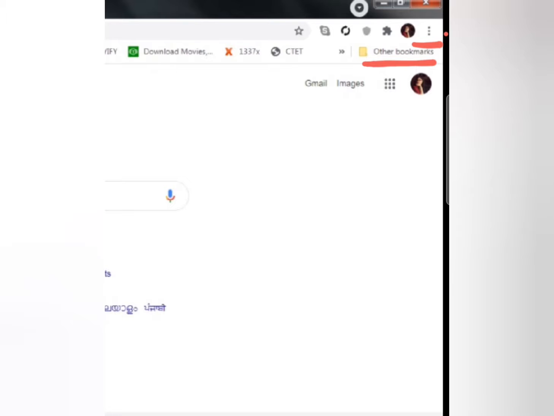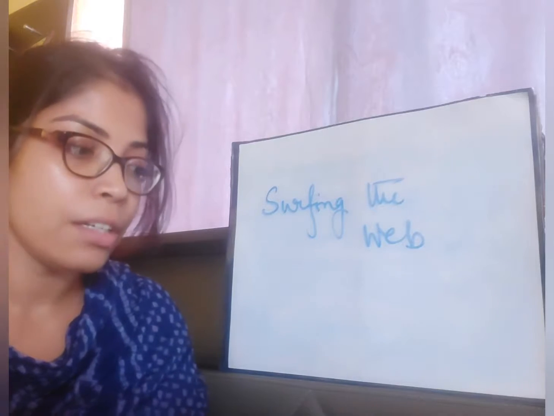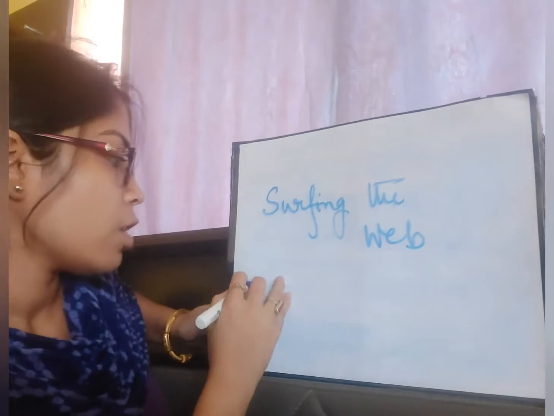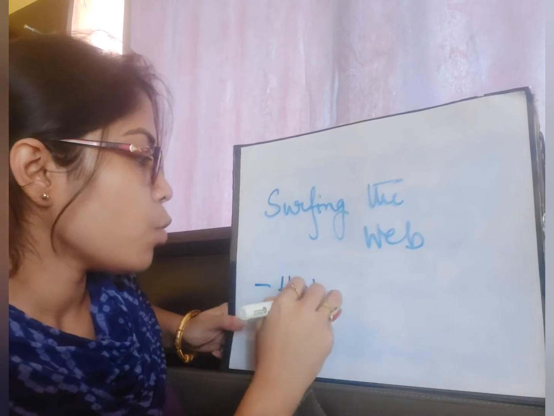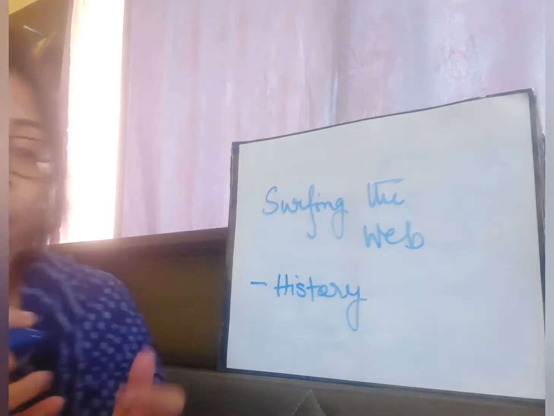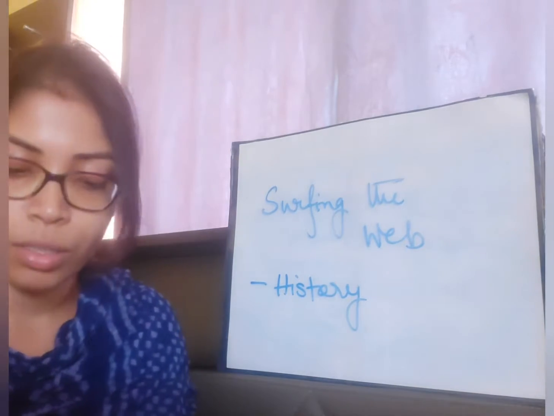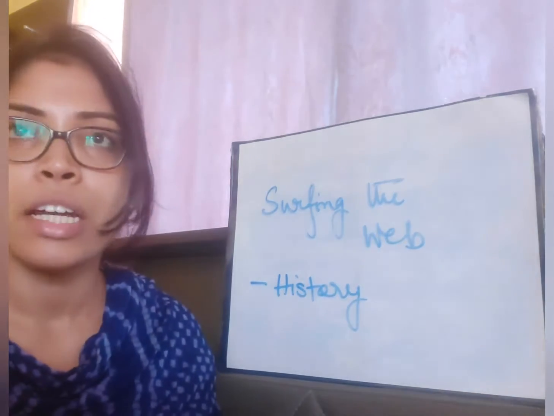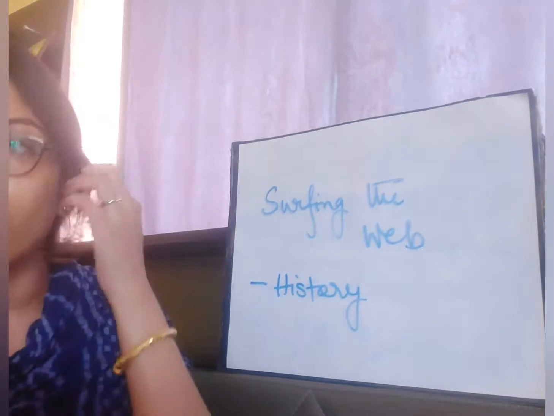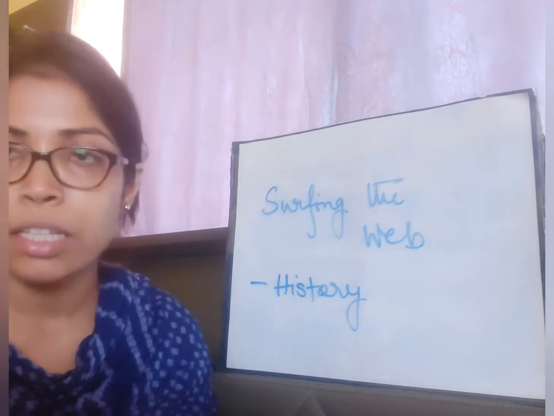The difference lies in where these icons, these folders are located, or how the icons look. These are the few differences. Okay, now another topic of this chapter is history. Now you already know what history is. History generally means anything we have already done in the past, like when you study the subject history, you study about different incidents that happened in India, or European history if you're studying European history.